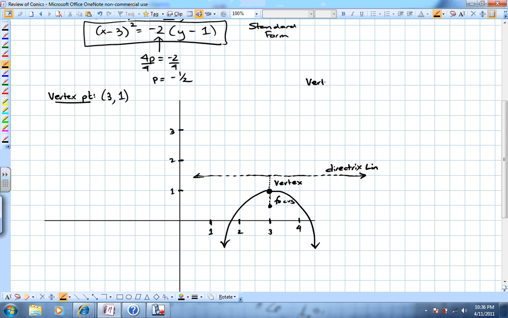I have the vertex. The coordinates of this, as I had already put over here, are 3, 1. The focus, now if I'm at 3, 1 and I moved half a unit, coordinates are going to be 3, 1/2.